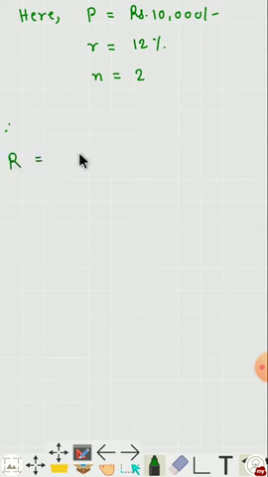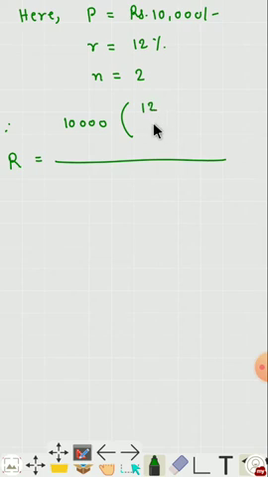R will be equal to, here P is 10,000, into 12.